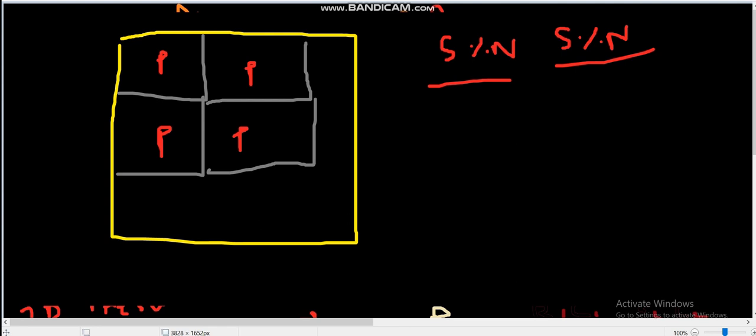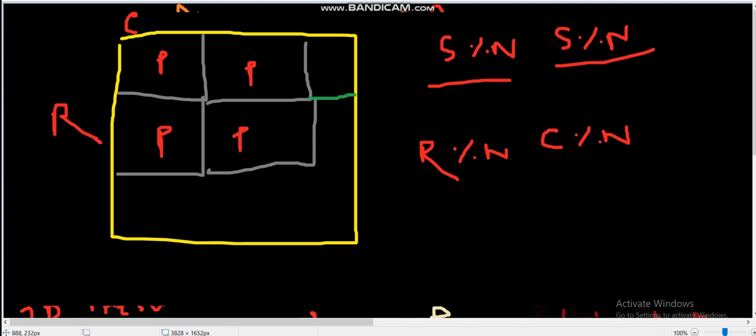Sorry, I am considering this as a square, but let's consider this as a rectangle. Let's say there are r rows here and c columns here. The total number of p's row wise will be r by n, and column wise will be c by n. Now there will be some part extra here.